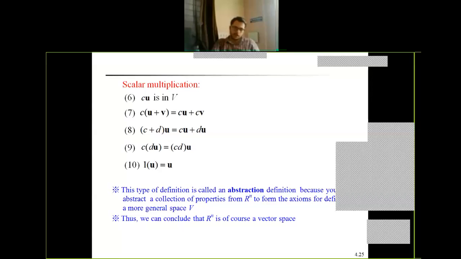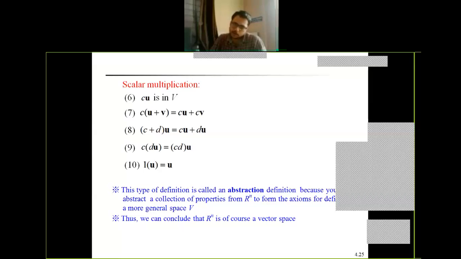Then next is c of du, which is the associative law of scalar multiplication. Okay, are you getting this? The seventh one is distributive, the eighth one is distributive, the ninth one is associative, and the last one is 1 into u is equal to u.